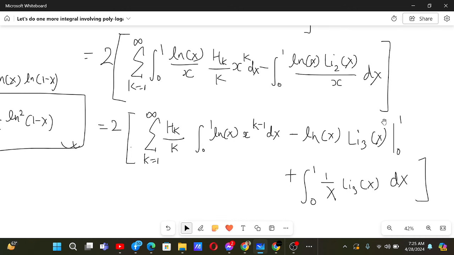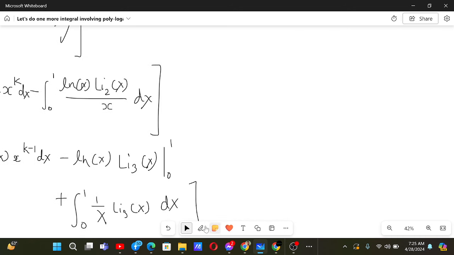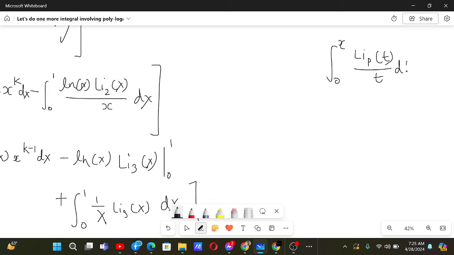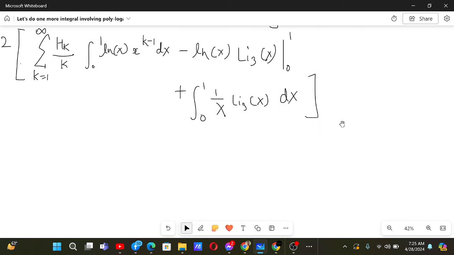Here I used that the integral from 0 to x of Li_p(t) by t dt is Li_(p+1)(x). I used this property of polylogarithms right here.